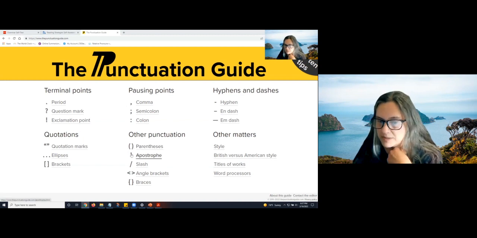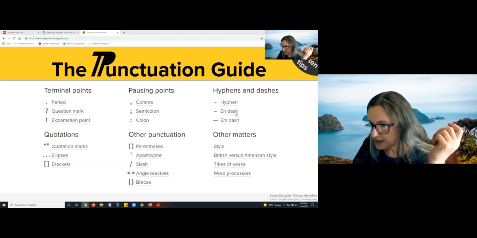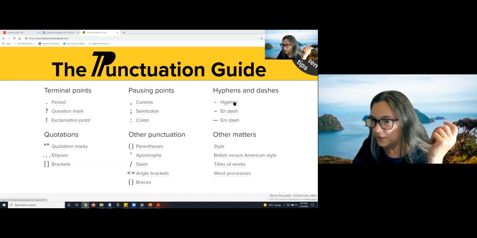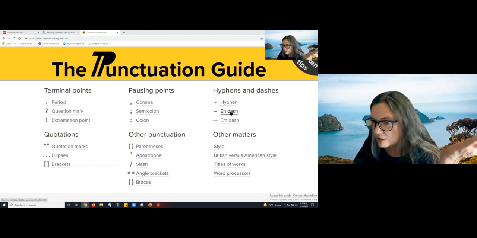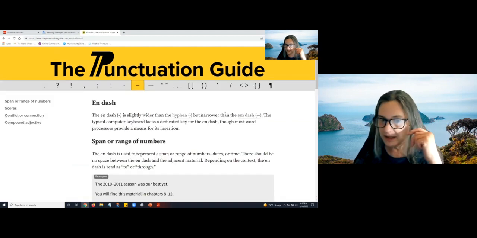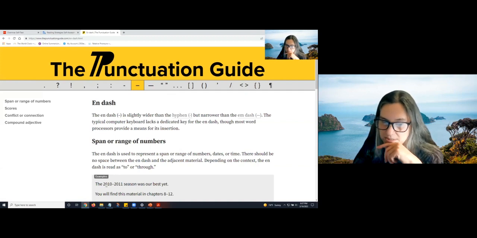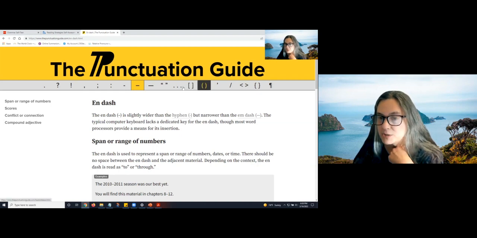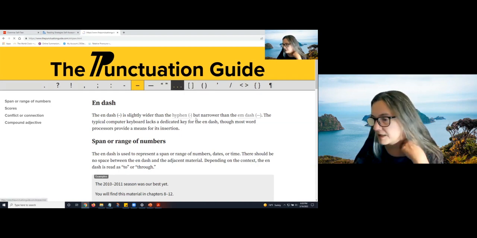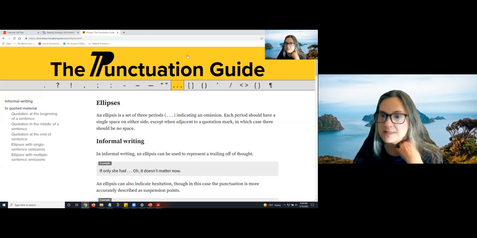It shows you what the punctuation mark looks like. This can be helpful with things like semicolons and colons. We forget the different kinds of dashes and how they differ from hyphens. And then you can look it up by clicking on it and find out what it is really used for. Okay. And you've got punctuation up here that you can click on too. So this is one of my all-time favorite resources.